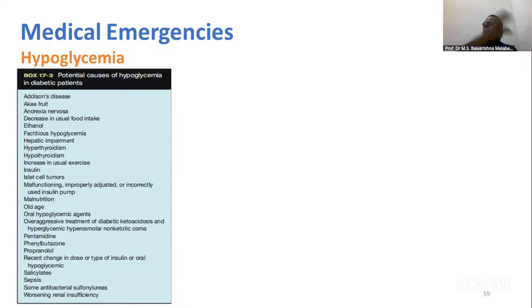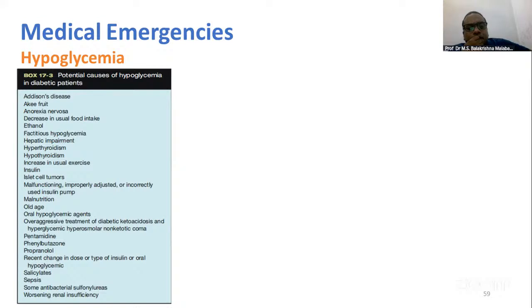Because of secondary factors, there could be hypoglycemia. So Addison disease, or active fruit if the patient is eating, because of that it can happen, right?